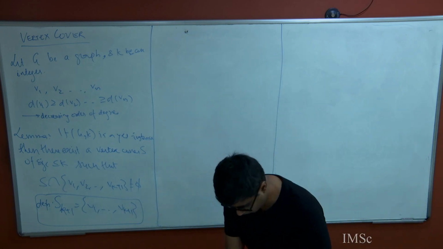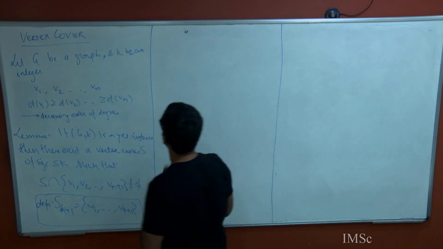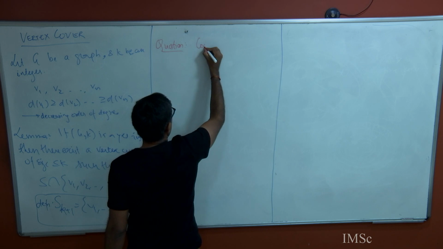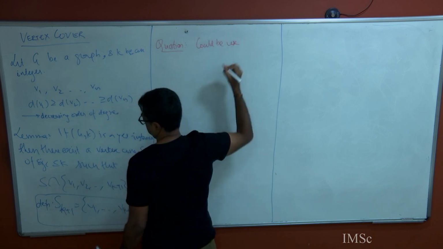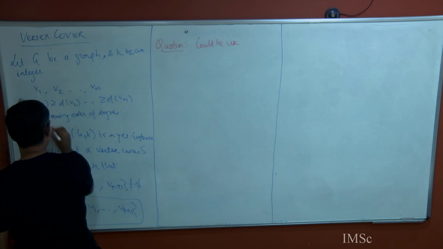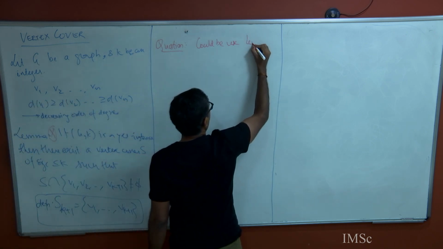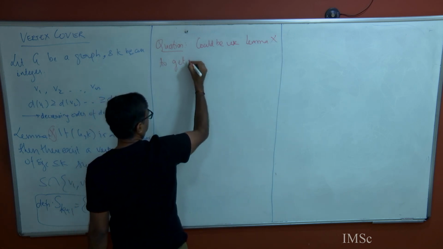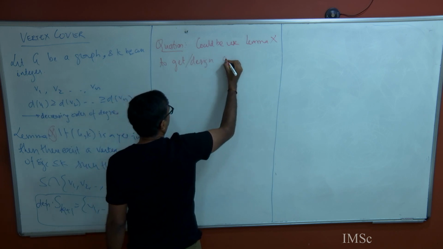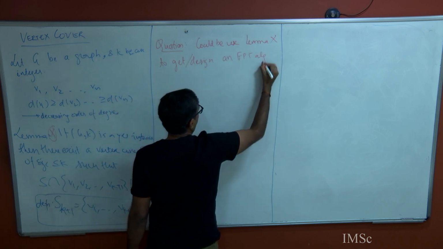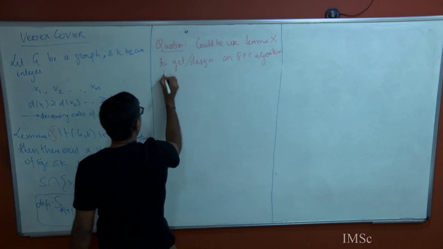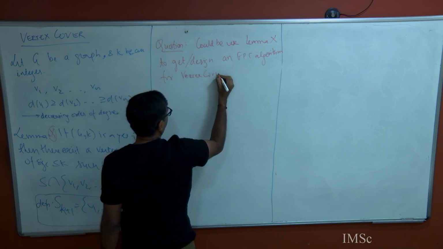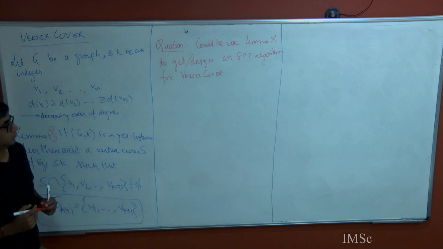My question is, could we use lemma x to design an FPT algorithm for vertex cover?